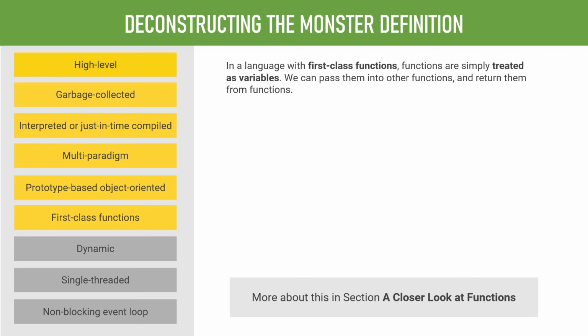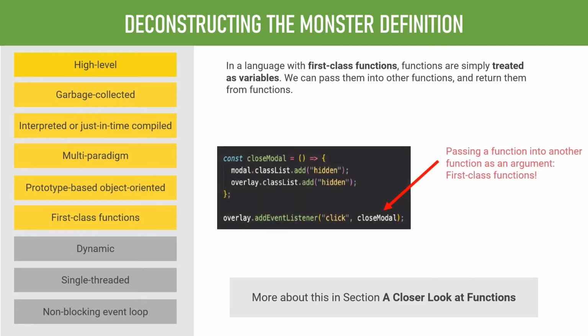So remember this piece of code that we wrote for closing the modal window that we built before. Right here, we pass the close modal function into the add event listener function, as if it was just a regular variable, right? Not all languages have first-class functions, but JavaScript has, and it's amazing. Believe me, it's really, really helpful.